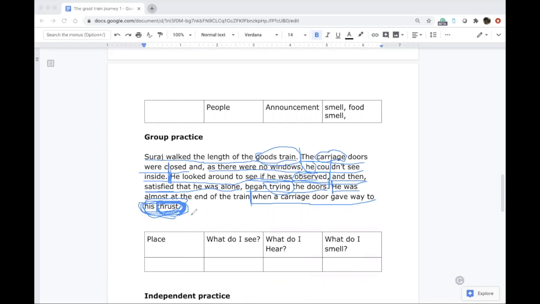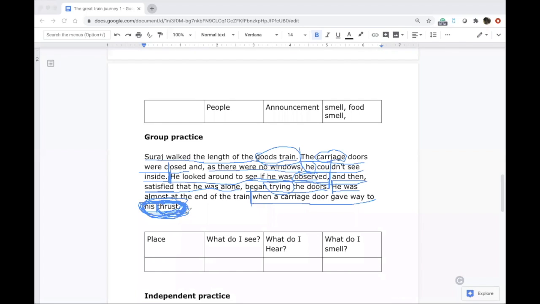Did the carriage door open by itself? No, sir, because he began trying the doors. Trying the doors. And then what happened? The carriage door opened because of his thrust. The carriage door got opened because of his thrust. What do you think is the meaning of thrust?